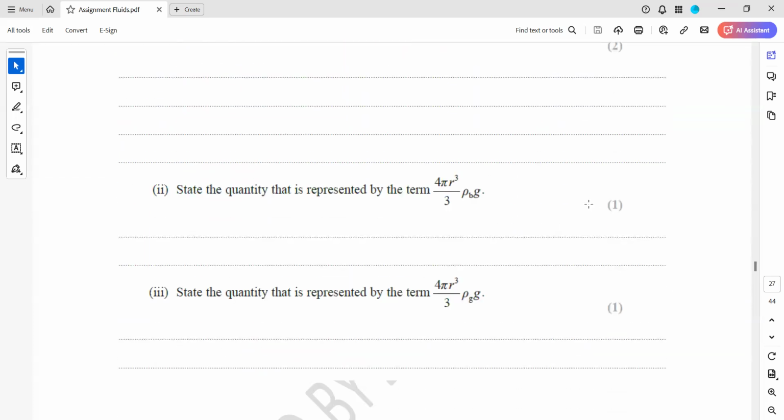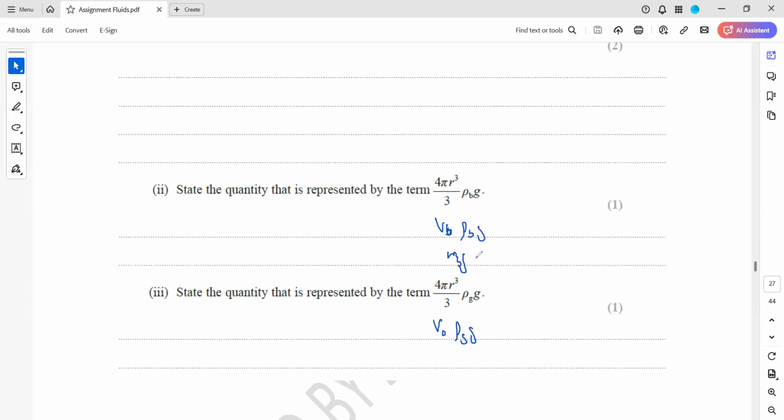State the quantity that is represented by this: volume of object, density of ball bearing, and gravity. And this is volume of object, density of glycerol, and gravity. So this is the volume of a ball, and volume times density is mass.